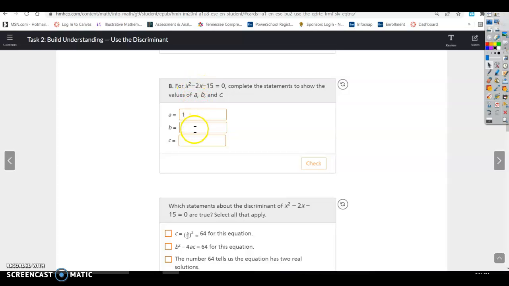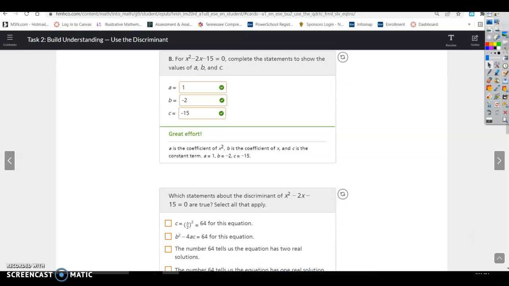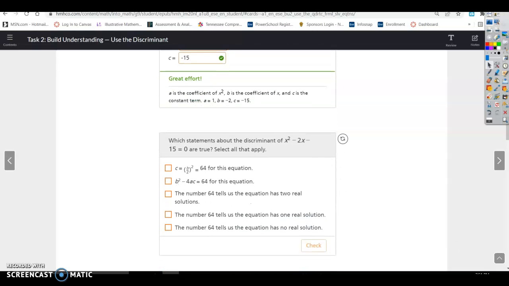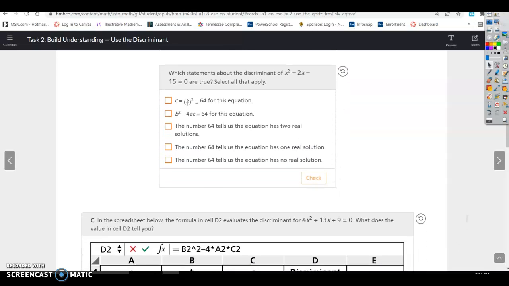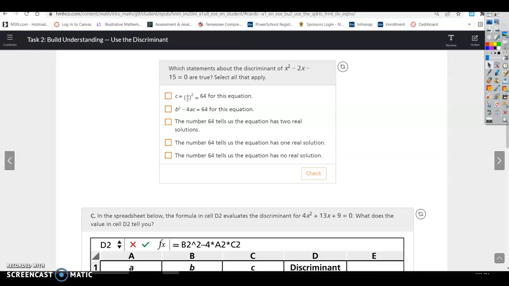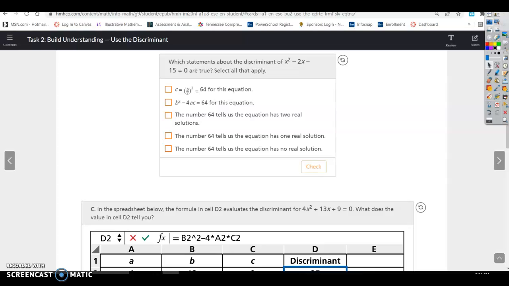That does include the sign, so this one would be negative 2. And c is your constant term, the number on the end. Being able to identify a, b, and c is important. It does need to be in standard form, meaning your quadratic is first, your linear is next, and your constant term is third.